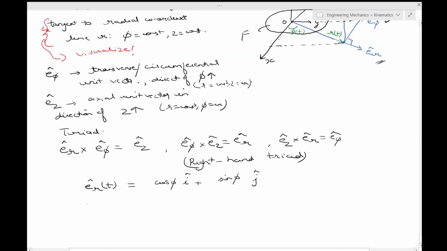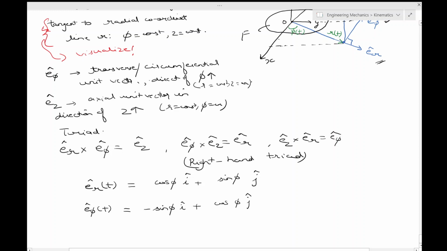Okay, similarly, you can write e phi of t is equal to minus sine phi of i hat plus cos phi of j hat.